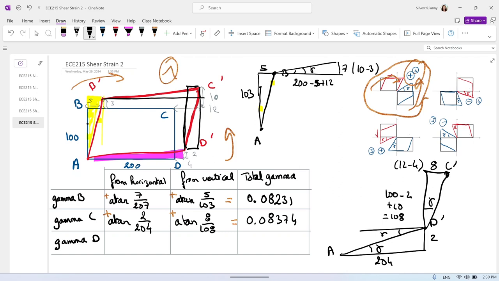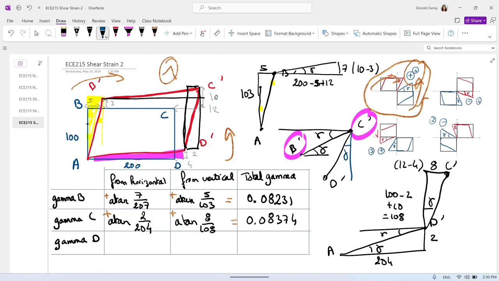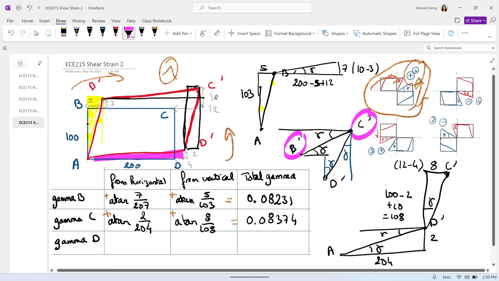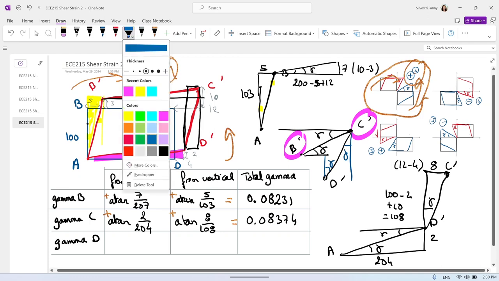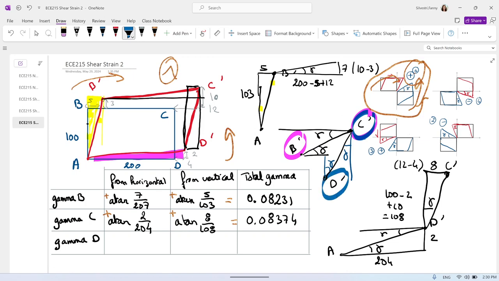Okay. And now if we look at the point C prime, we have B prime and we have C prime, and that was D prime, right? So what we can see is the angle gamma horizontal is the same for B prime and C prime, and the gamma vertical is the same between C prime and D prime.